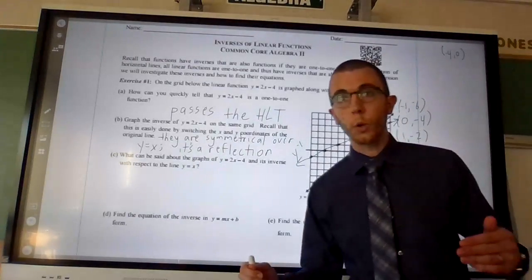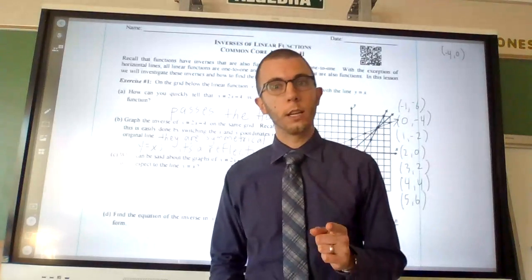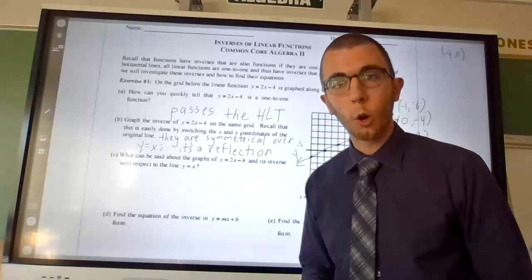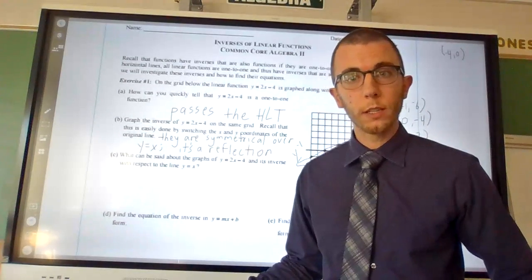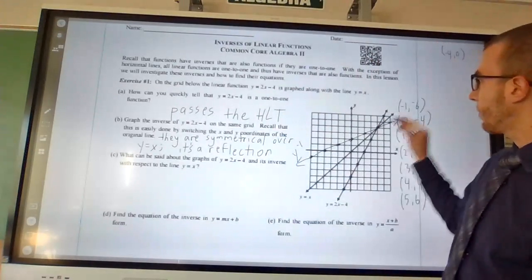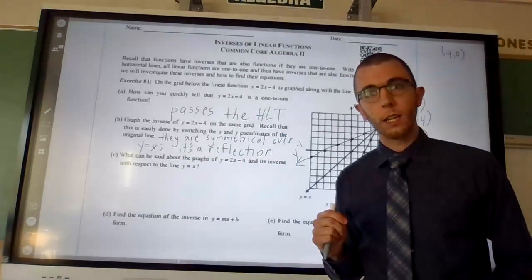Okay, and that is true for every function and its inverse. No matter if it's linear, quadratic, exponential, or whatever, a function and its inverse will always be symmetrical over the line y equals x. Like I said, it's a reflection over that line.